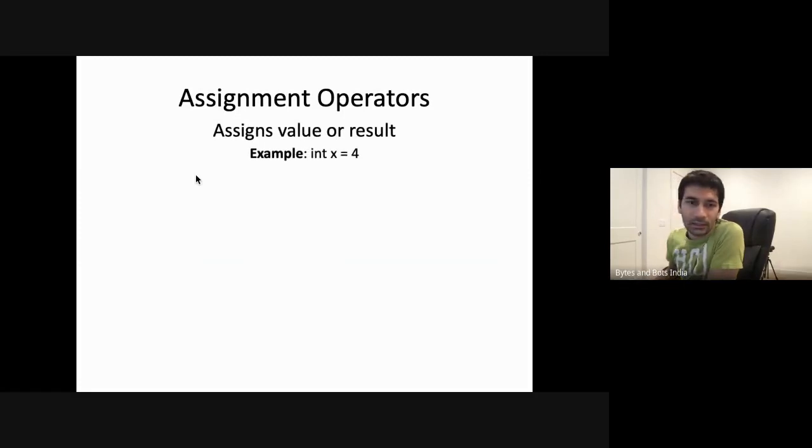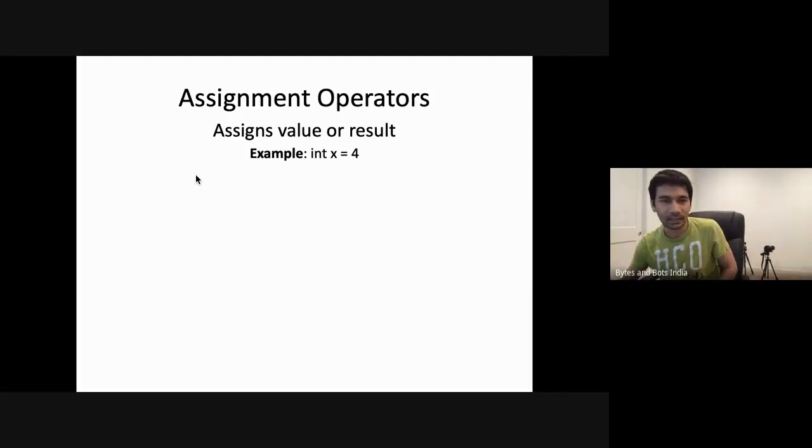So we are in the third set of operators. So far we have done unary operators. The previous session was about arithmetic operators, and the final set of operators we are going to look at is assignment operators. Now, if you look at the name itself, assignment operator, it means it is something that assigns a value or a result, right?